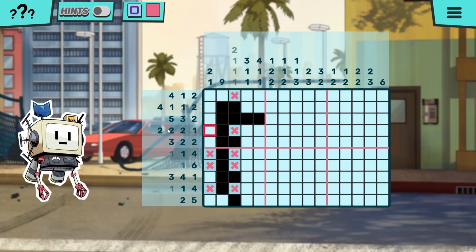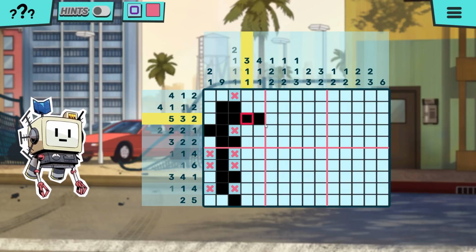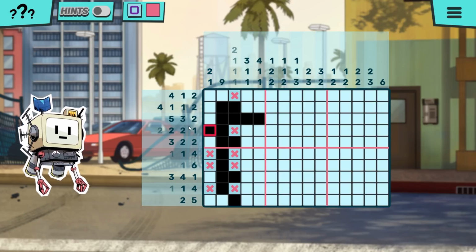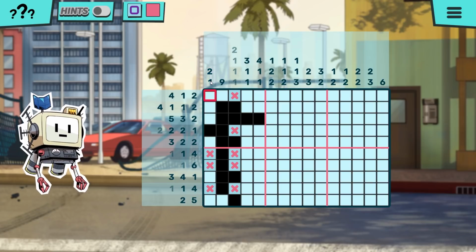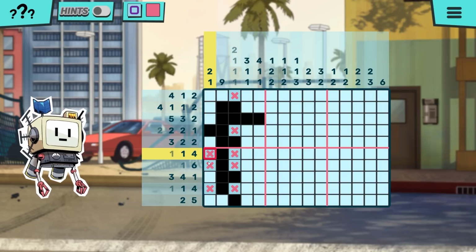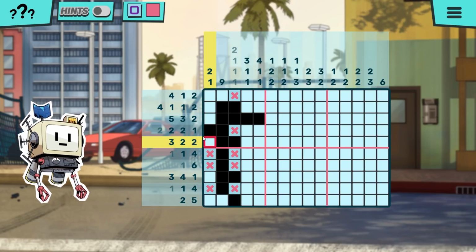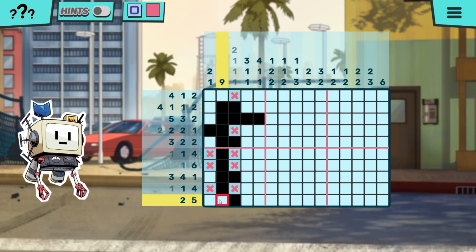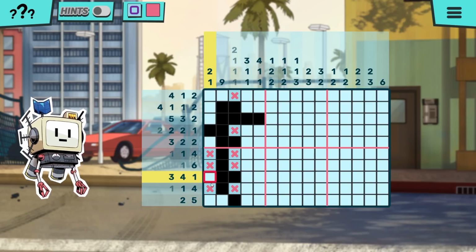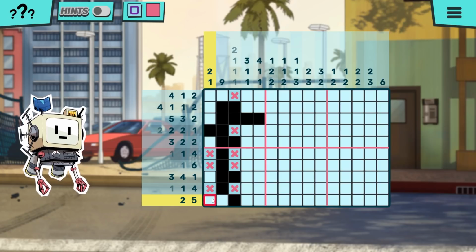Oh, a 2, 2, 2, 1, which means that this has to be filled. Okay. Which means that for here, these 2 could still be filled in, and that could be a 1. Or this could be the 2, and the 1 could be one of those. It's up in the air.